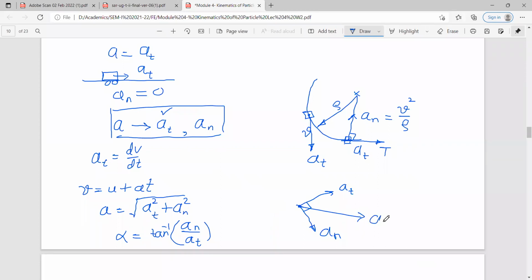It is my total acceleration, and this alpha is measured with respect to tangential component. So this is the angle alpha.